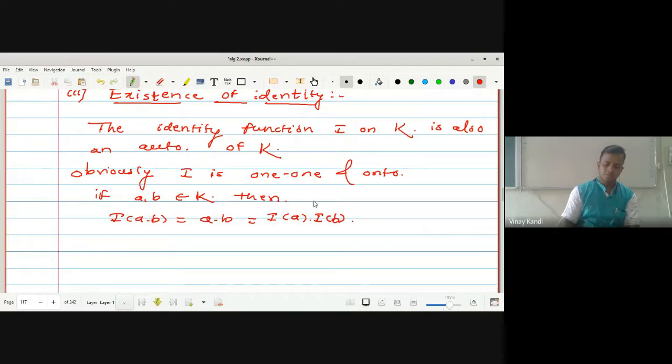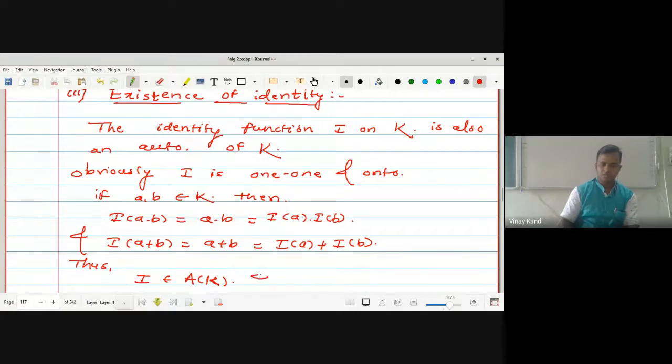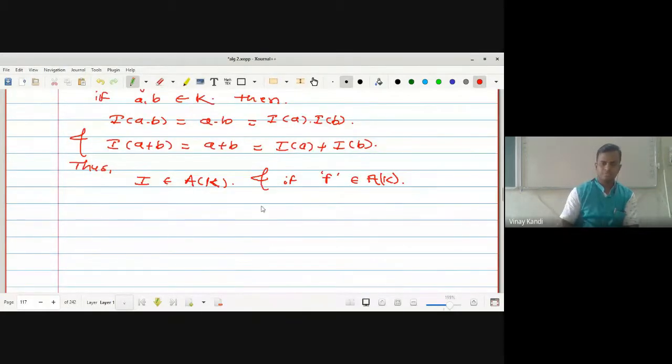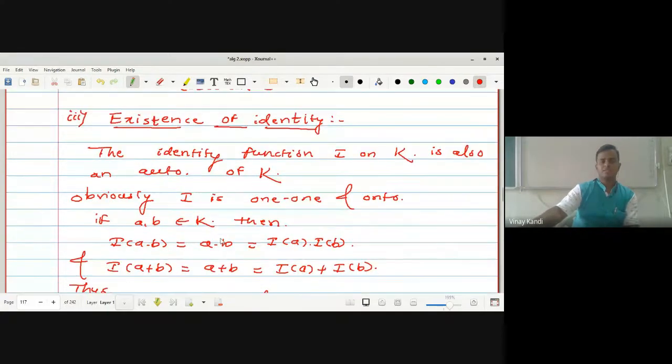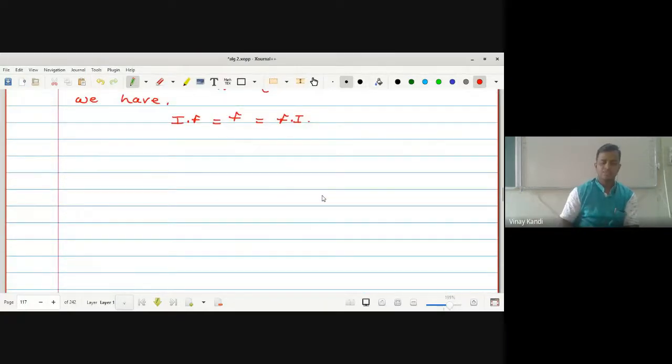I of B. And I of A plus B is equal to A plus B, which is I of A plus I of B. Thus I belongs to that set A of K. And if any mapping F belongs to the set of all automorphisms on K, then I into F is equal to F, which is equal to F into I. Hence, we proved the existence of identity in that set A of K, the set of all automorphisms on K. Now, the next property is existence of inverse.